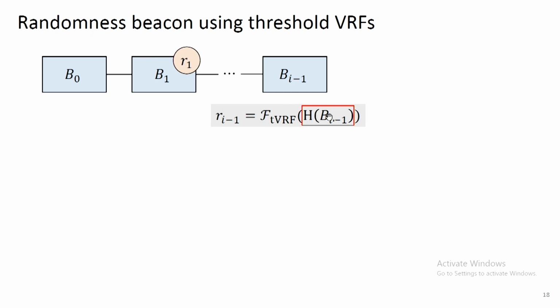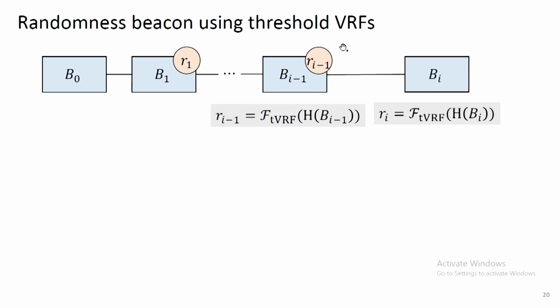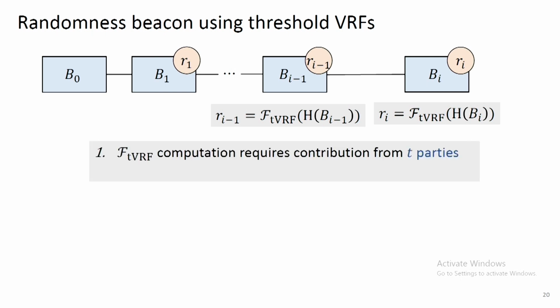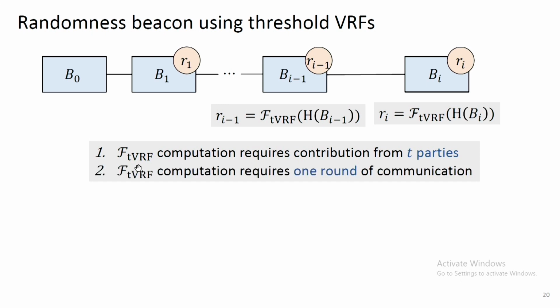You can think of the hash of the block as the message. And then we use this output as the random coin, and we do this for each block. Because of the threshold property, computing this VRF requires at least t contributions from t parties. That's why we get the security. And as I have shown, this only requires one additional round of interaction.